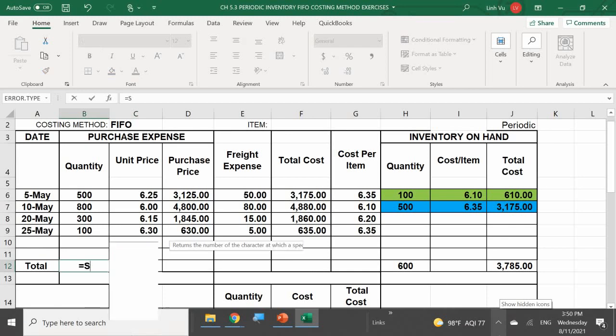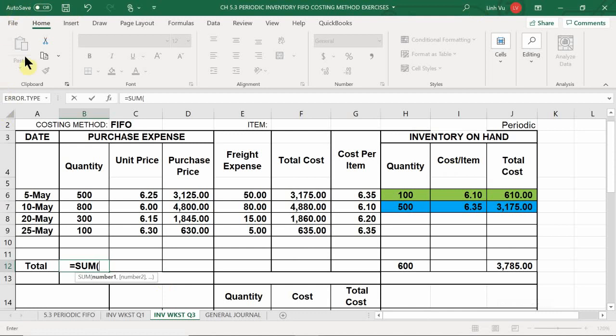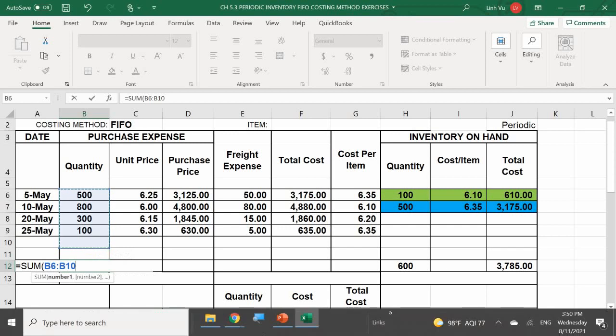Good, correct. Then freight: 50 plus 80 plus 15 plus 5. It is 150 we have on freight. Good.